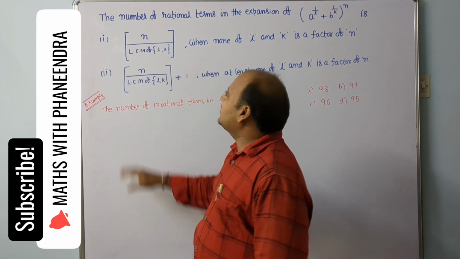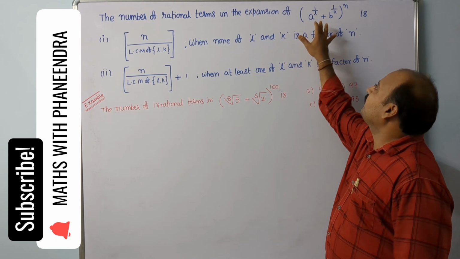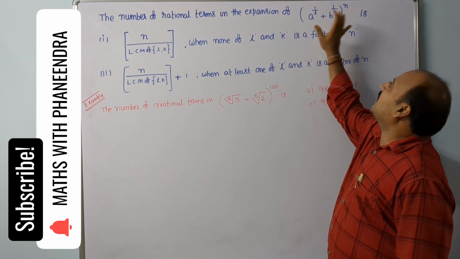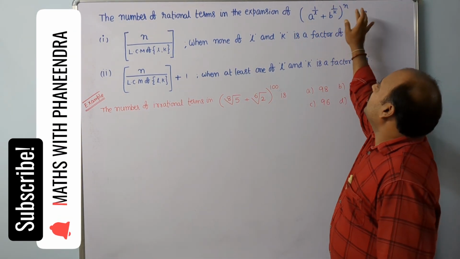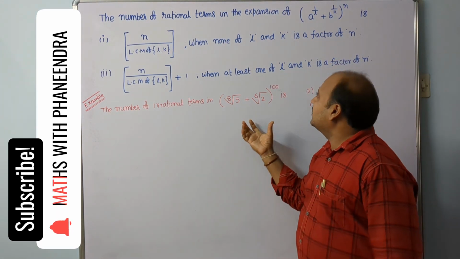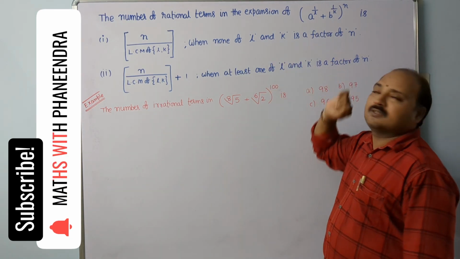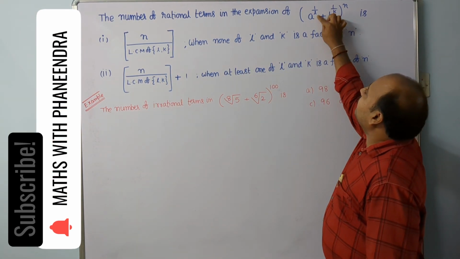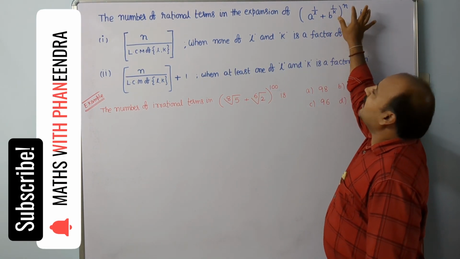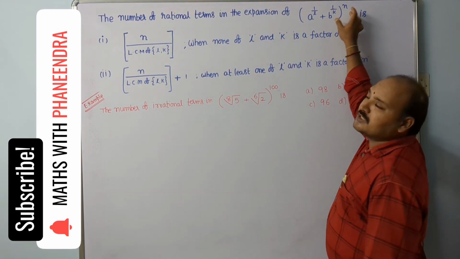The concept is the number of rational terms in the expansion of (a^(1/l) + b^(1/k))^n. First observe whether the given expansion is in this form or not, then write the values of L, K and N. N is the index, the power of the expansion.